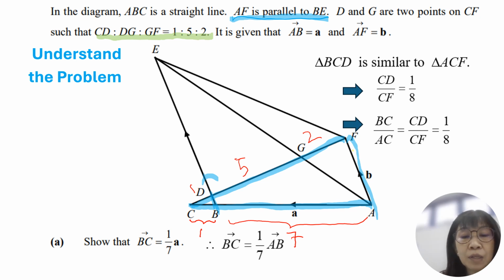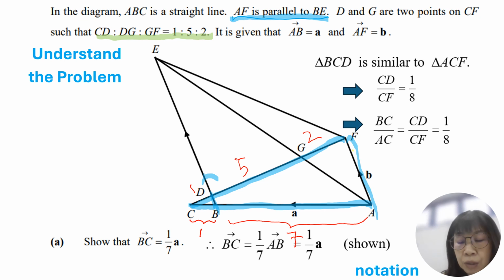I know that vector BC is equal to 1 over 7 times AB. Putting all the information, and we already know that AB is a, I can easily prove that it is 1 over 7a.